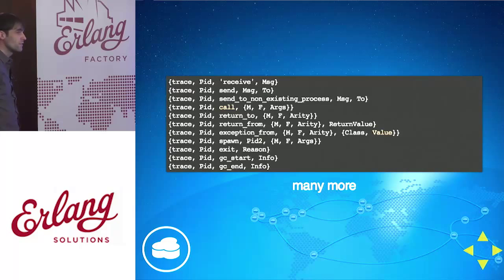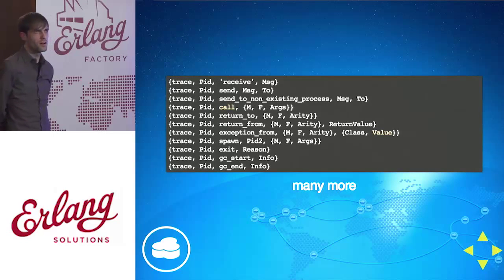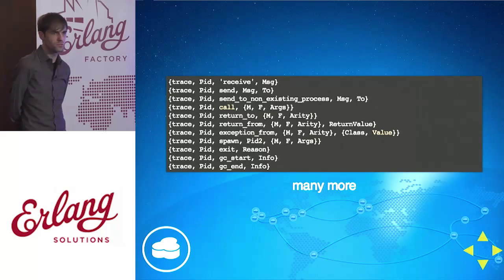Then there's the obvious call. There's return to and return from. Return to is very much related to call. Return from is really useful. Return from allows you to take a different stand and say, I don't really care what you're passing in as much as I care about the actual result.